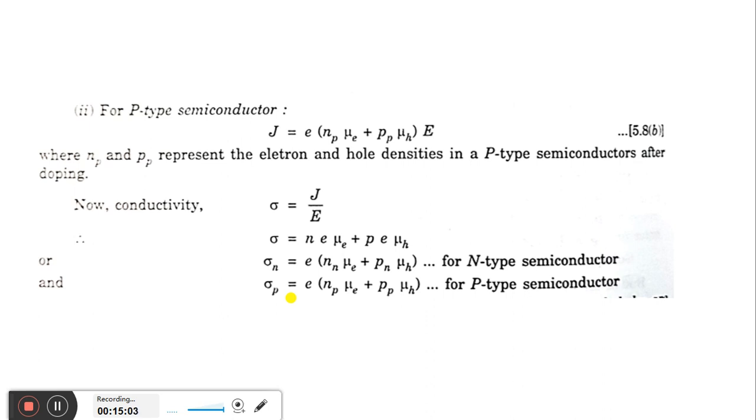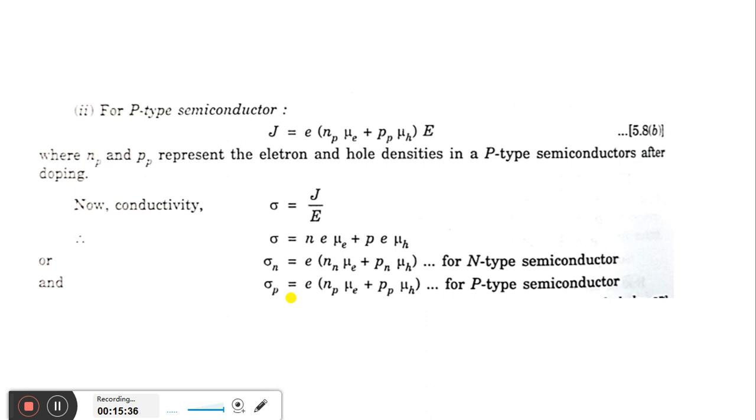So this is what we have derived in this lecture: if we take a semiconductor material and apply an electric field E, we can derive the equations for the current, then current density, then conductivity, in the case of an intrinsic semiconductor material and in the case of an extrinsic semiconductor material.